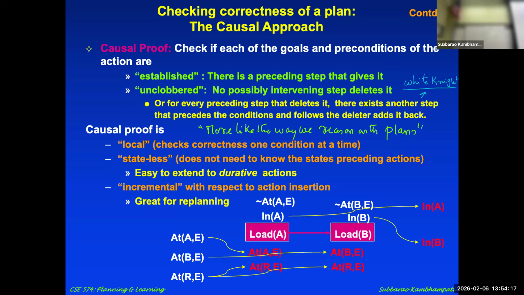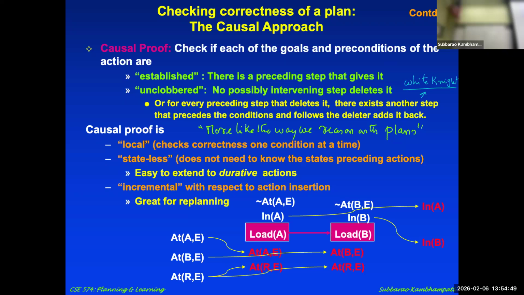And similarly, it's recursive: not only do you need to support every top level goal, you need to support every action's preconditions. So really what we are saying for the plan to be correct is every precondition of every step, where one of the steps is S infinity, has a contributor. I mean, somebody is actually giving that condition as their effect.